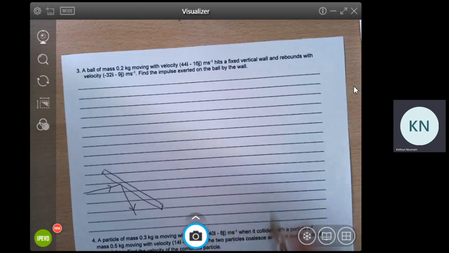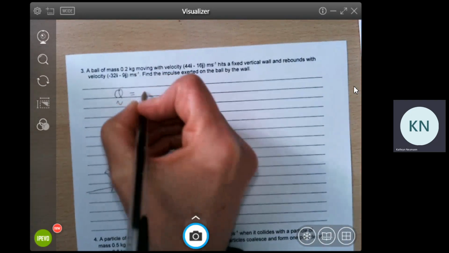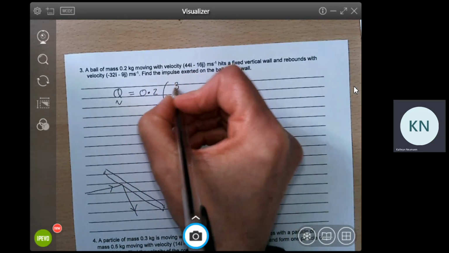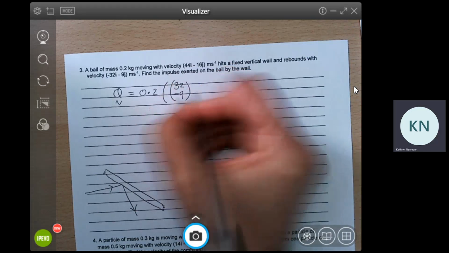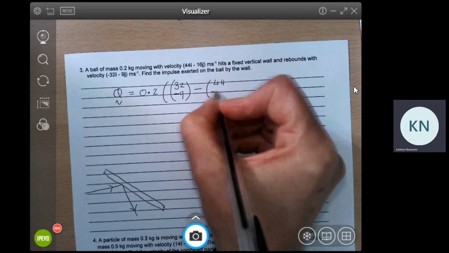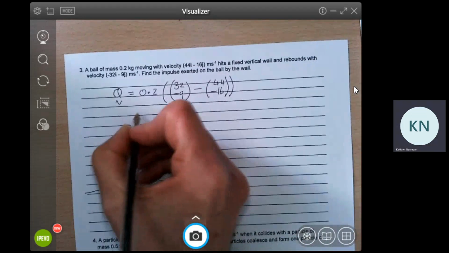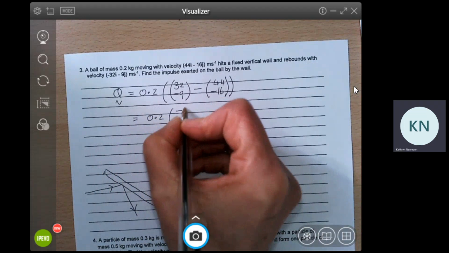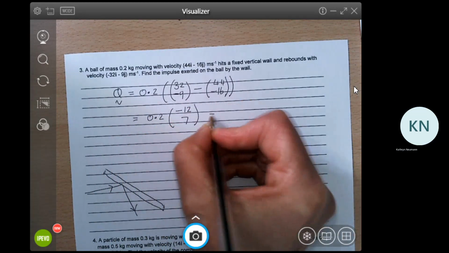So we're trying to find the impulse again here, similar method. Q is going to be 0.2 times the final velocity (-3, -9), take away the initial velocity (4, -16). And that gives me 0.2 on a vector of (-12, 7).